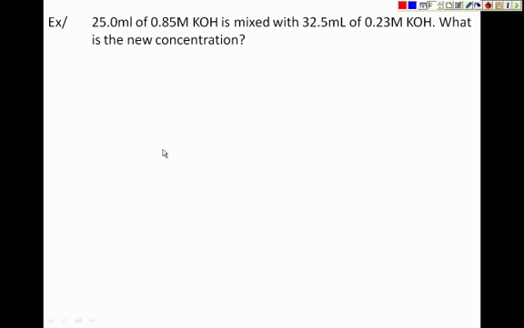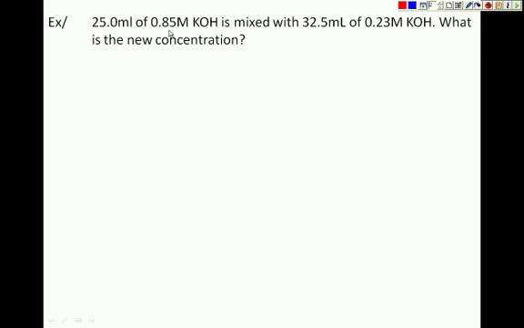Before we start on this, we should realize what the answer should be approximately. It should be between these two numbers. So we're taking a strong concentration and a weak concentration, a concentrated amount of KOH and a dilute amount of KOH, and if we mix these two, what we should get is something that is in between.